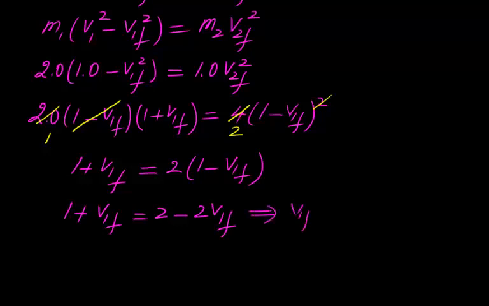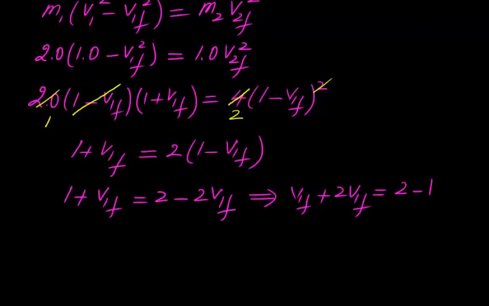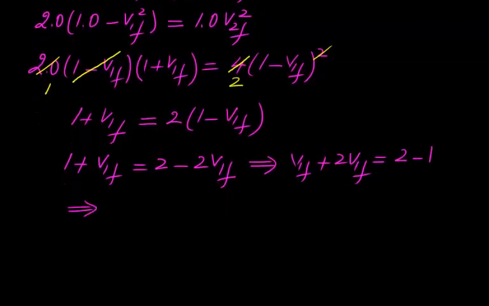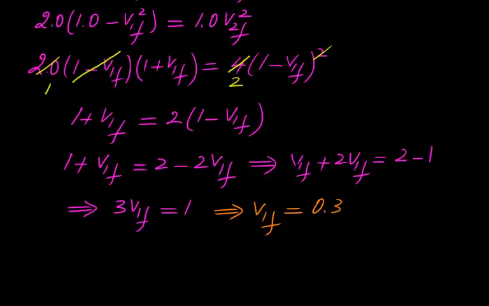You end up with v1 final plus 2v1 final equals 2 minus 1. Therefore, 3 times v1 final equals 1. Solving for the v1 final, we obtain 0.33, as mentioned earlier, meters per second.